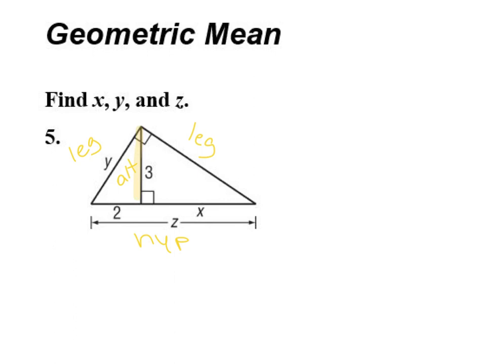Once it's labeled, I can see I have my altitude value. I have part of my hypotenuse, but I don't have the other part. So the first thing that I want to do is go ahead and find the rest of my hypotenuse. So finding x.